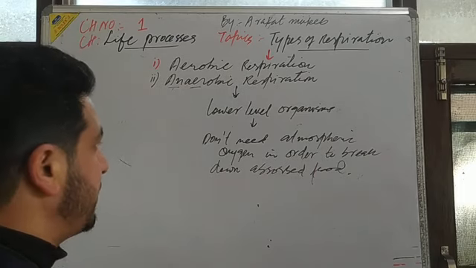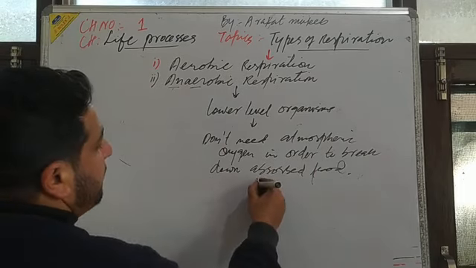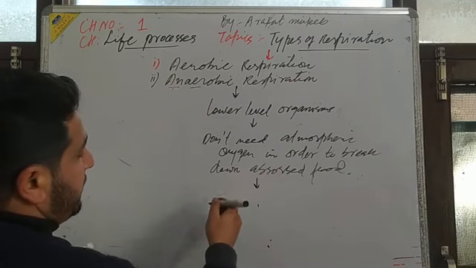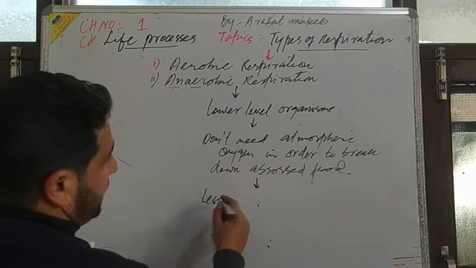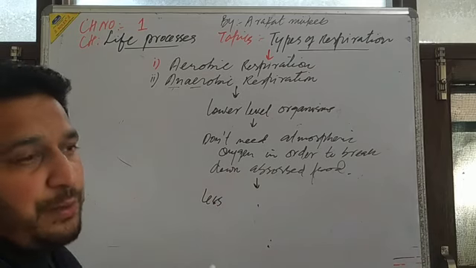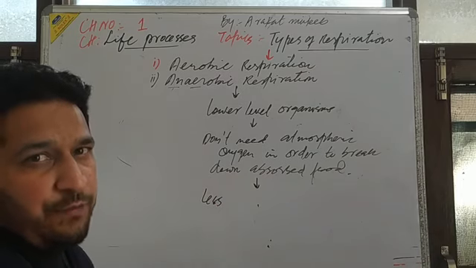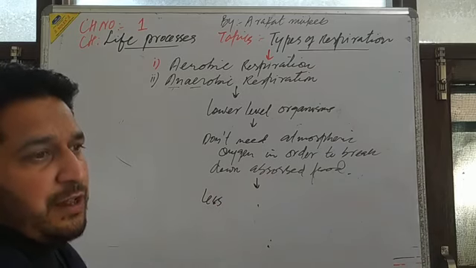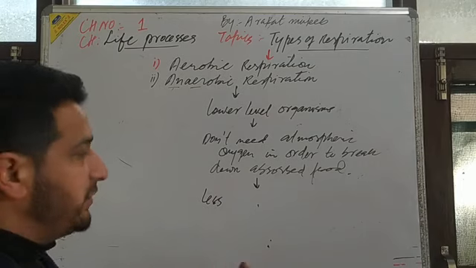They obtain energy. The energy obtained by this type of respiration is a less amount of energy as compared to aerobic type of respiration, where a rich amount of energy is released.